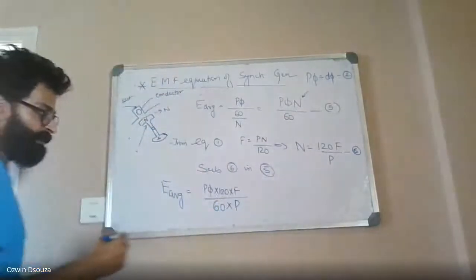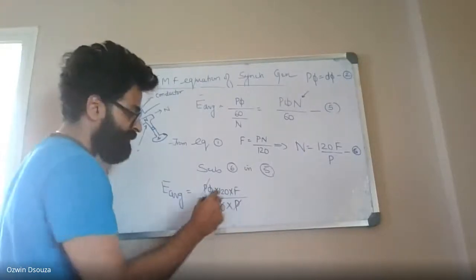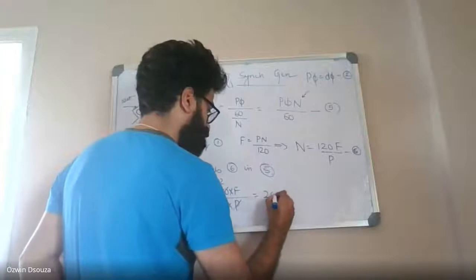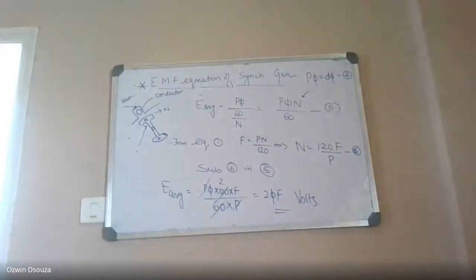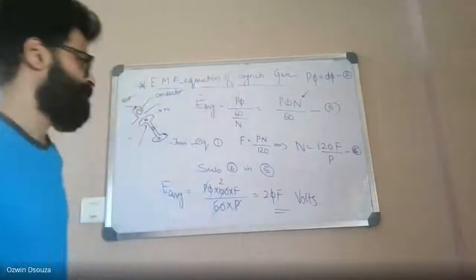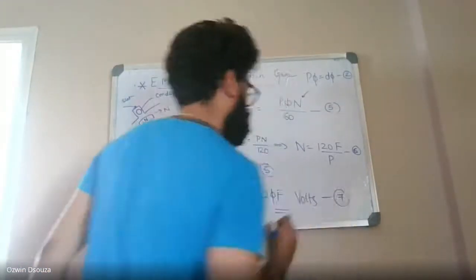So simplify: P gets cancelled, and 60 goes 2 times, and you will have 2 phi F volts. This is your average value of the induced EMF, equation 7.